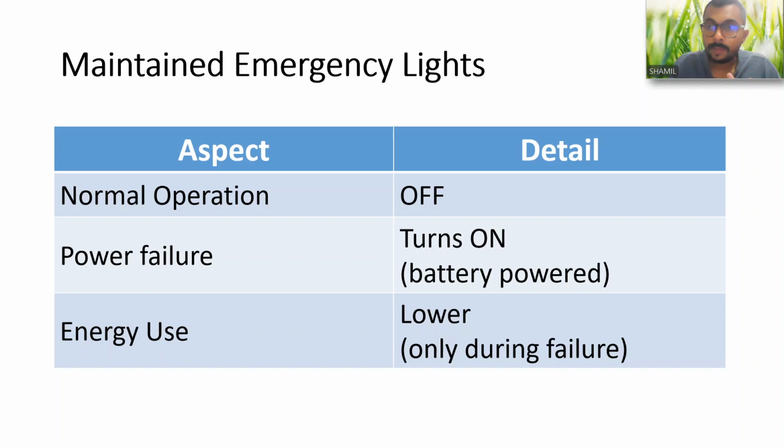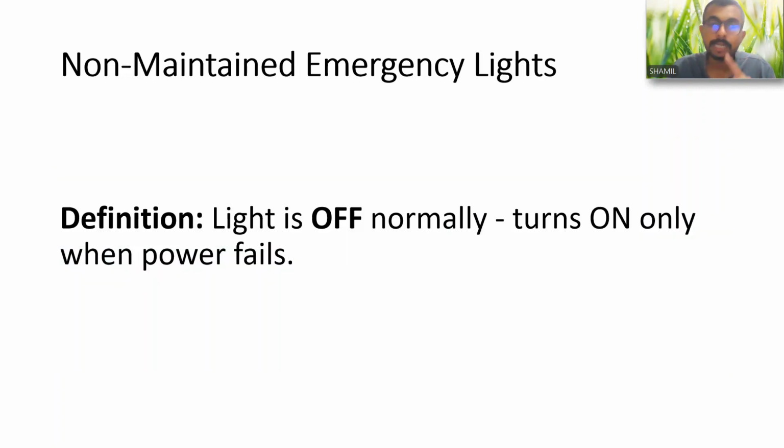During the power failure time, the light will turn on and it becomes battery powered, and the energy usage of these lights will always be lower, because the light is operated only during the time of failure. So this is the difference between non-maintained and maintained emergency lights.